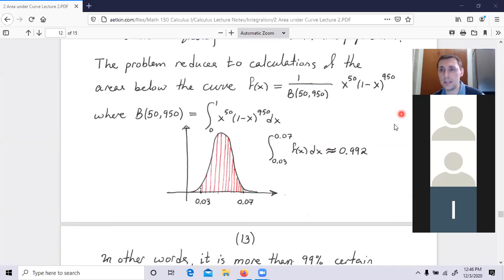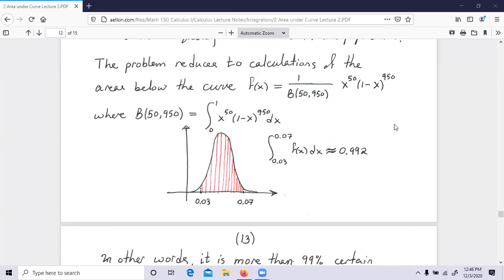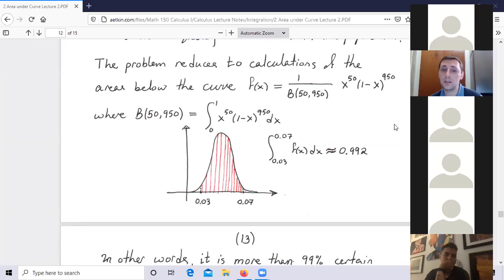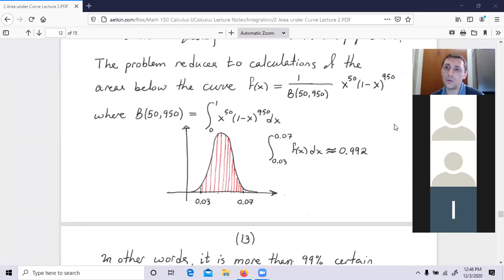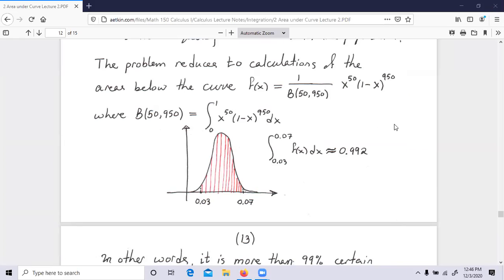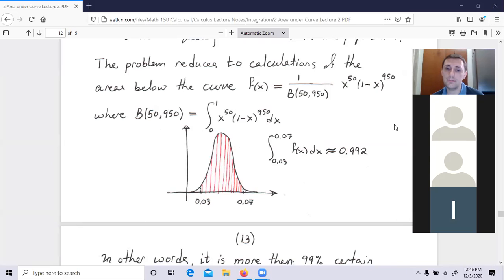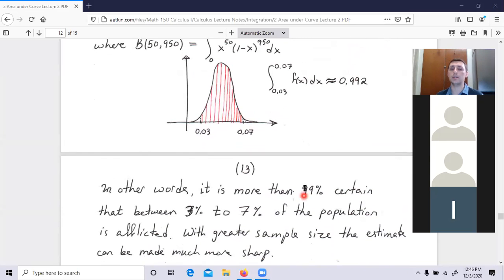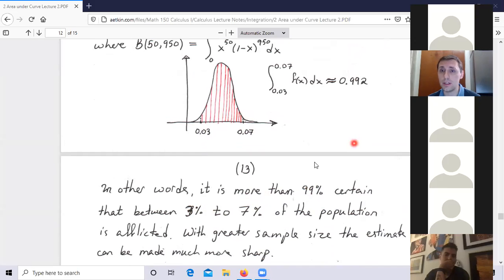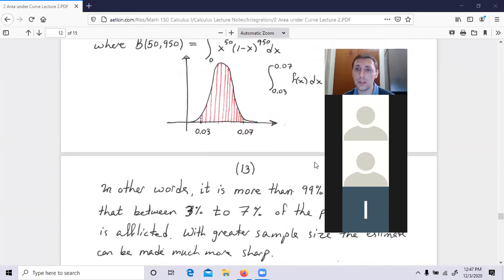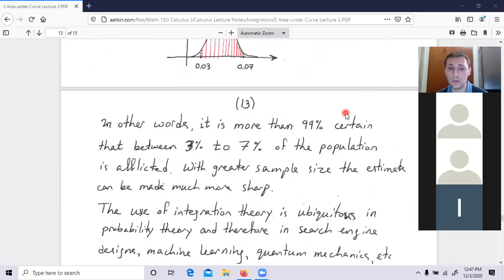And then you know that this disease is about 0.03 to 0.07, so 3% up to 7% of the population have this illness based on this estimate. And this is with more than 99% likelihood that the prevalence of the disease is between 3 and 7%. So that's one example where area under the curve is used in probability.